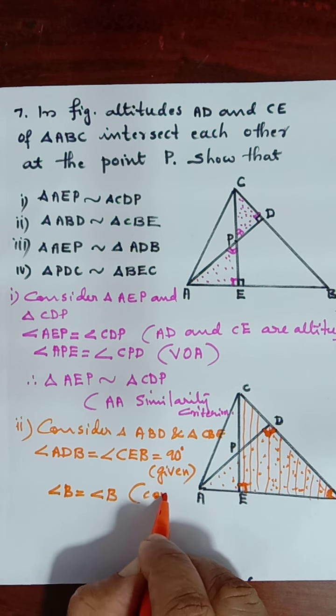For ADB, this angle ADB is also 90 degrees. So we are considering angle AEP equal to angle ADB, which is equal to 90 degrees, given to us.